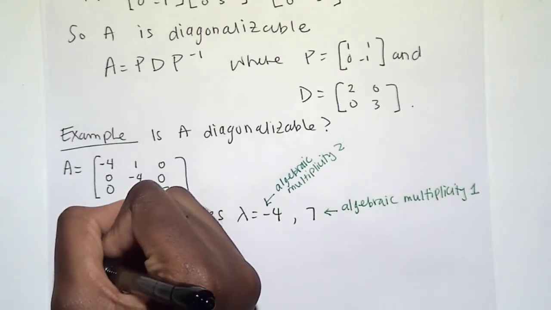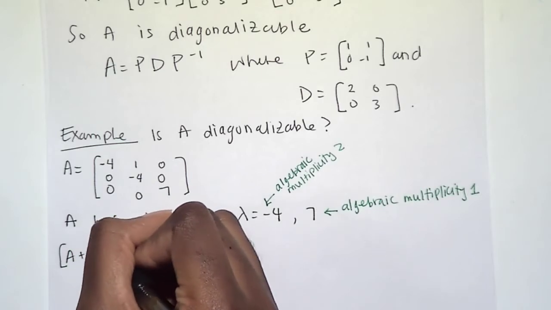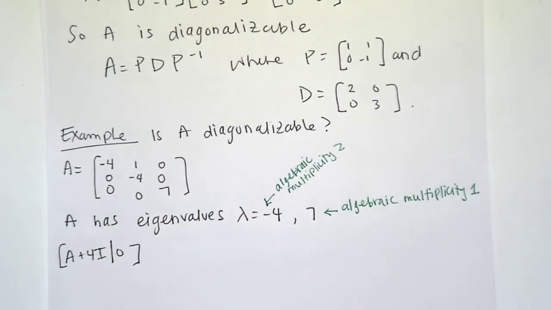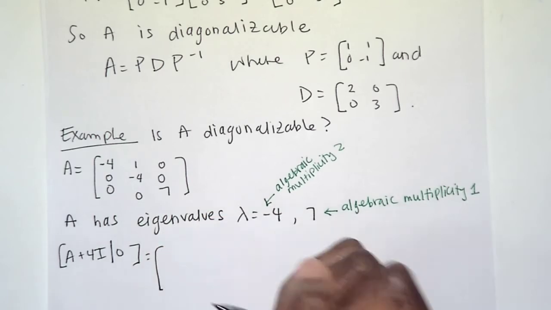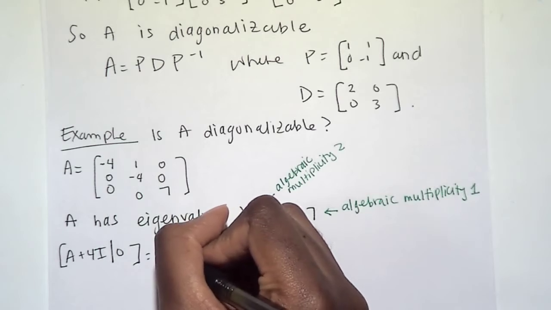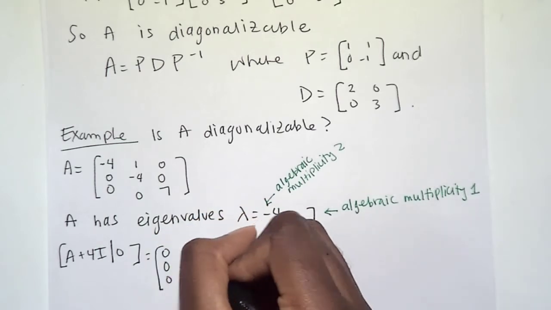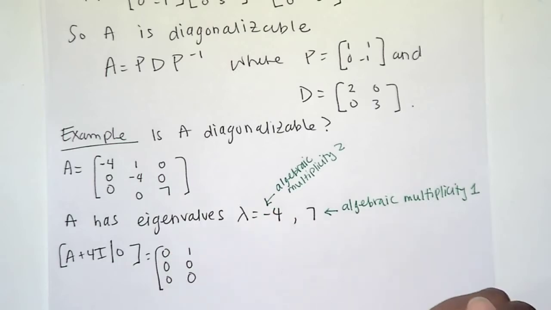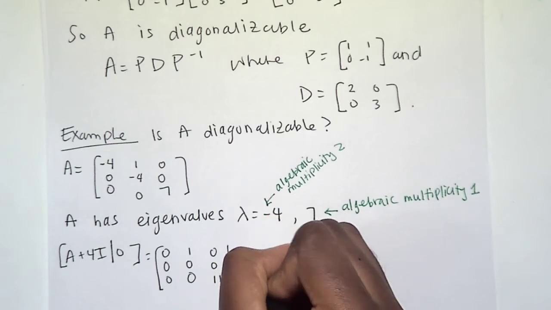We need our augmented matrix, so we need to do A plus 4I, with 0 on the other side. This is going to give us down my columns 0, 0, 0, 1, 0, 0, 0, 0, 11.